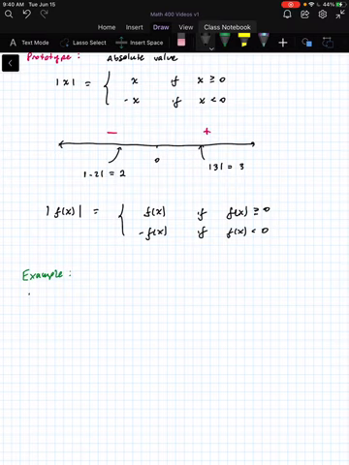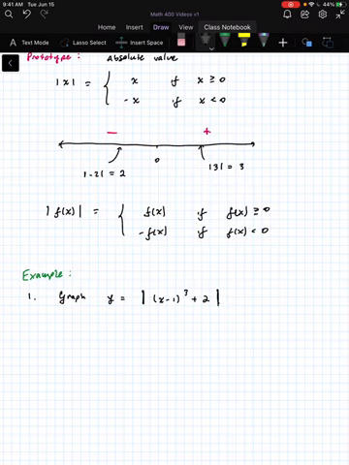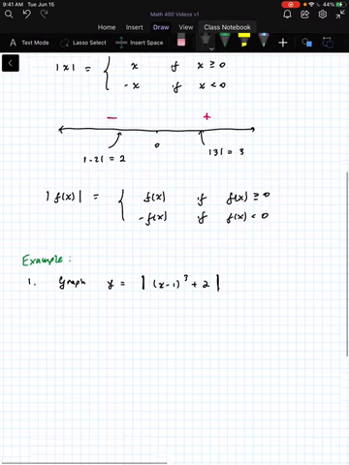So example 1. Let's graph the function y equals the absolute value of (x minus 1) cubed plus 2. So this is a function where we have some polynomial expression and then we take the absolute value.